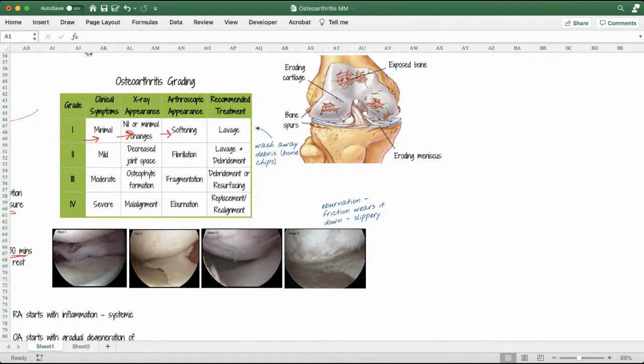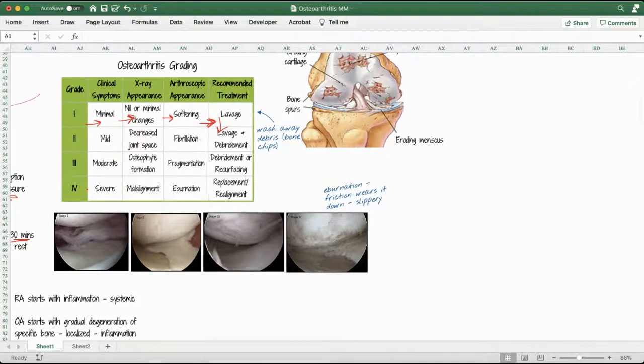You might see a little bit of softening on an arthroscopy, and maybe they might do a lavage, although I don't think that would be something we would do until a little bit later, when the pain has become difficult to live with, right? So here now we have some mild symptoms.